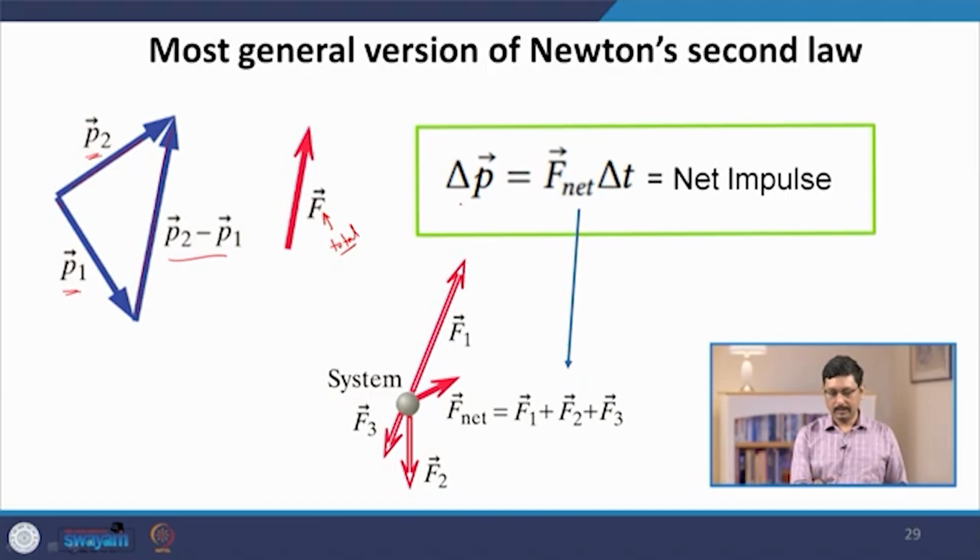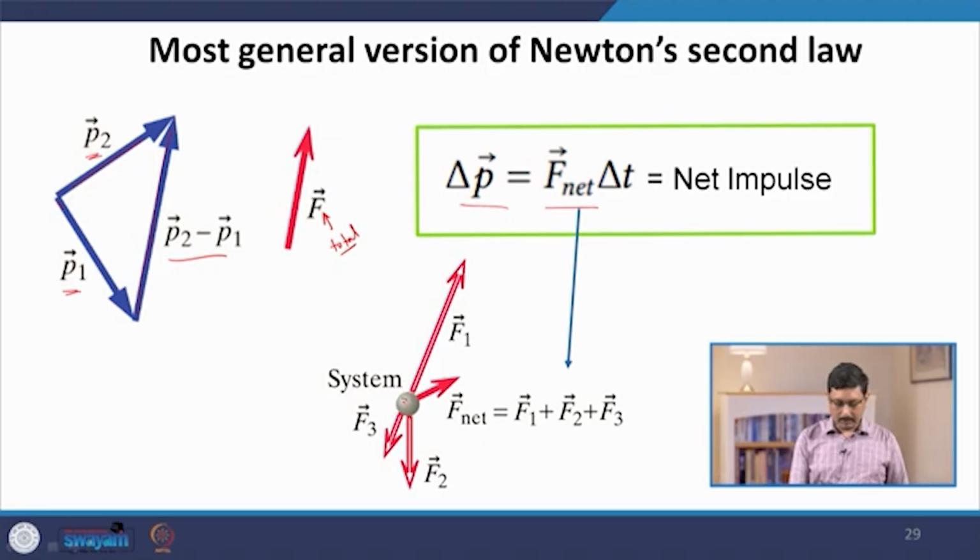That is the first message from this equation: the direction of delta P is in the direction of the total force. This is an important point, so I illustrate it with this picture.